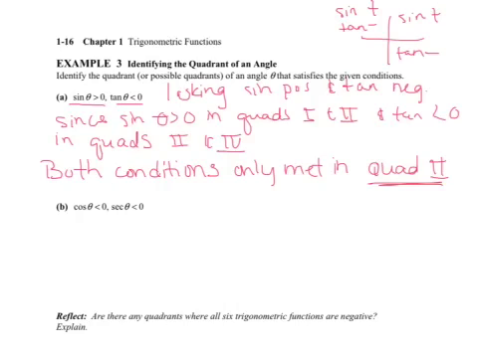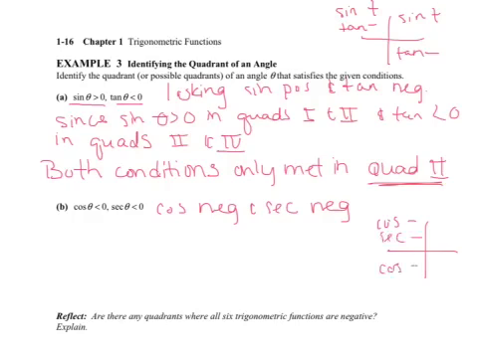If we go down to B and we're looking for cosine to be negative, so cosine has to be negative and secant has to be negative also, so we need quadrants where they both are negative. If I drew another little chart here, in quadrant 2 cosine is negative and secant is negative, and in quadrant 4 cosine is negative and secant is negative also.